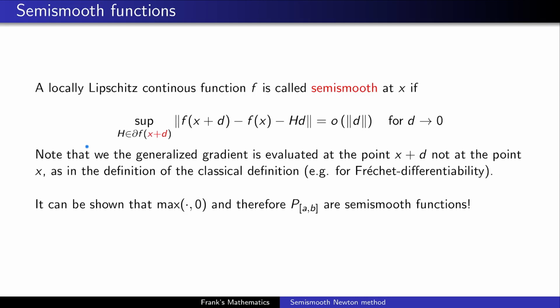This is actually a very strong condition, but it can be shown that the functions we have dealt with, the maximum function and the projection function, satisfy this property, so they are semismooth functions. So we now can use the semismoothness and the generalized gradient we have defined to formulate a Newton method which actually can work, which can deal with functions which are non-differentiable in the classical sense.